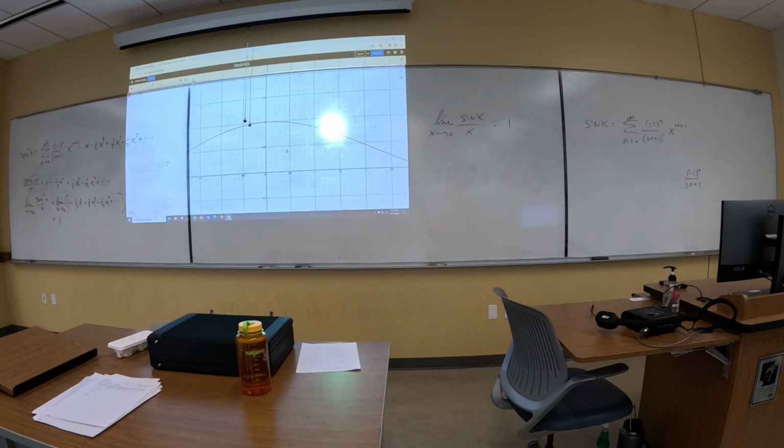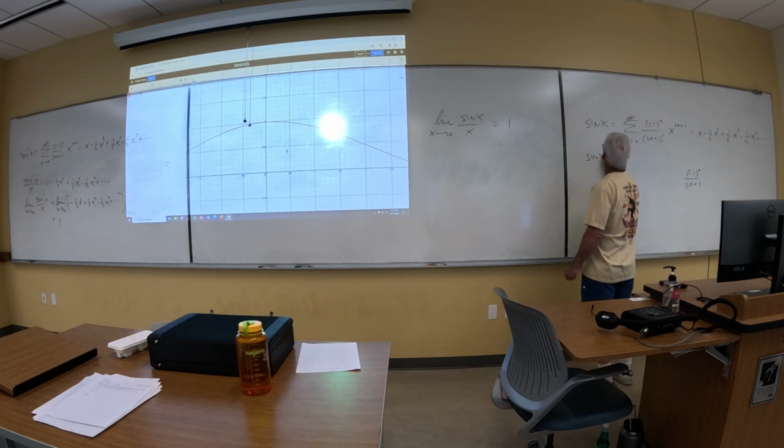The sine only has odd powers of x. So we know this one's going to look like x minus 1 over 3 factorial x cubed plus 1 over 5 factorial x to the 5th, minus 1 over 7 factorial x to the 7th, and so on. We know this is true, okay?